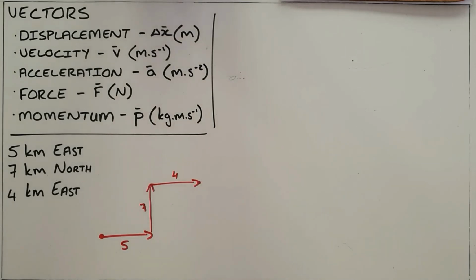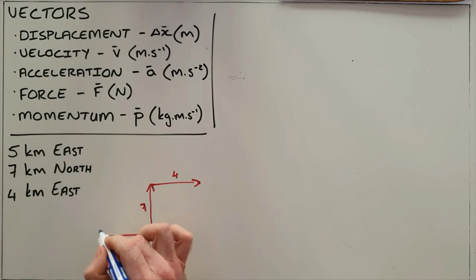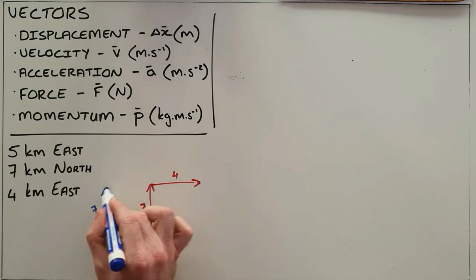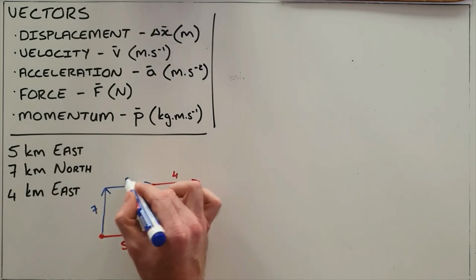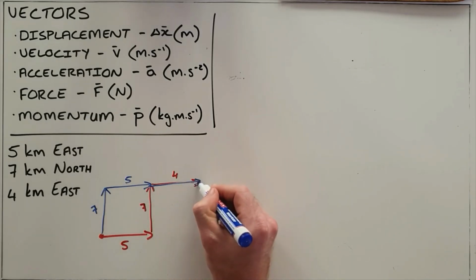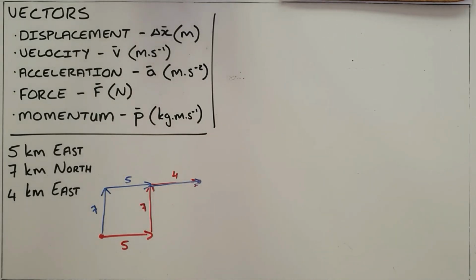Now, to illustrate this point, we can show that somebody who had followed these exact same vectors but in a different order would still end in the same place. If they had first traveled 7 kilometers north, then 5 kilometers east, and then 4 kilometers east again, we would find that they would end in exactly the same place.